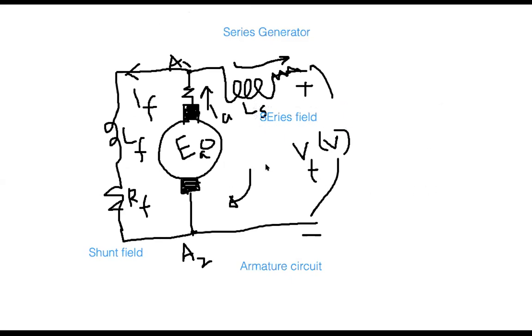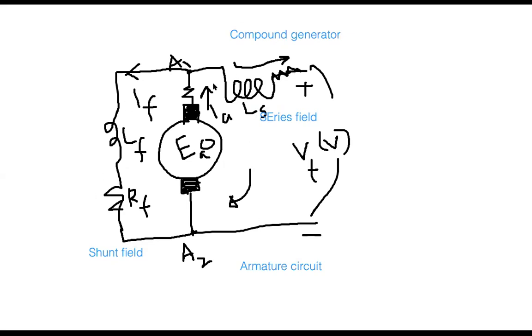Now there is a different type of generator or motor that has both series field and shunt field. This is the total configuration, and it is called a compound generator. Compound generator means it has both the series field and the parallel shunt field.